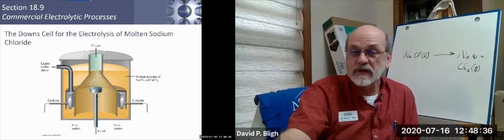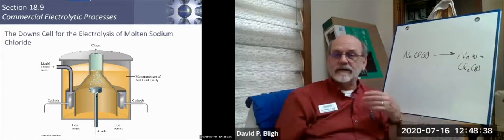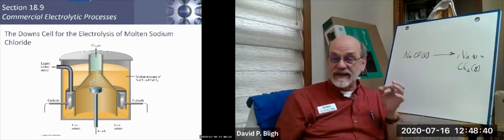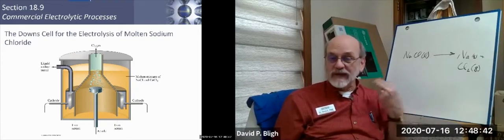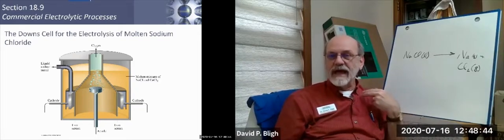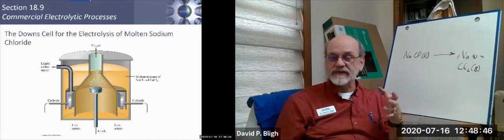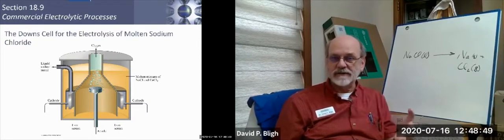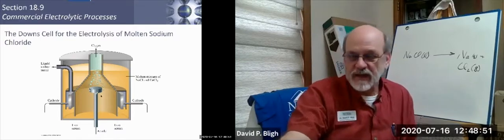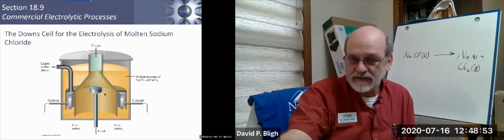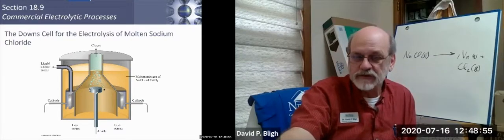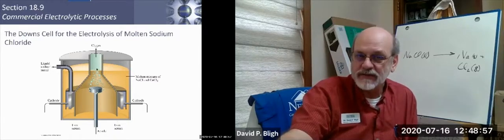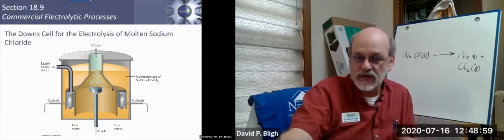The anode is where we take chloride, Cl minus, remove an electron, and get chlorine gas. So that's the site of oxidation. And it's set up so that as the chlorine bubbles out of the molten sodium chloride, you can capture it easily here. So that's why the construction is this way.